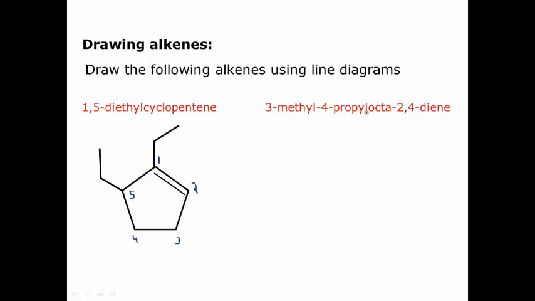This is not a cycloocta, so this is just an 8-carbon chain. Again, you choose if you want to number it from left to right or from right to left. So here, this is going to be carbon 1, 2, 3, 4, 5, 6, 7, 8, with a methyl at carbon 3 and a propyl at carbon 4.